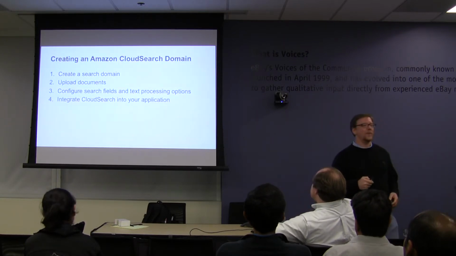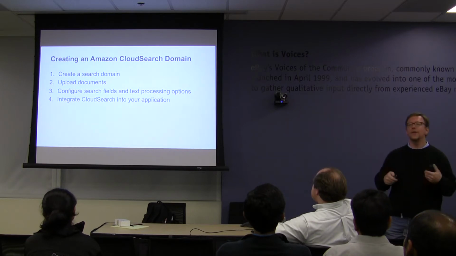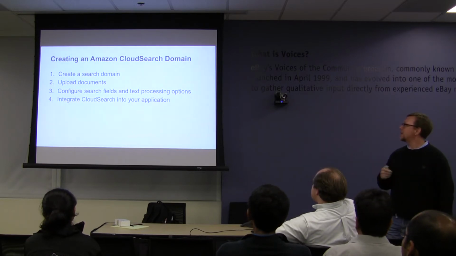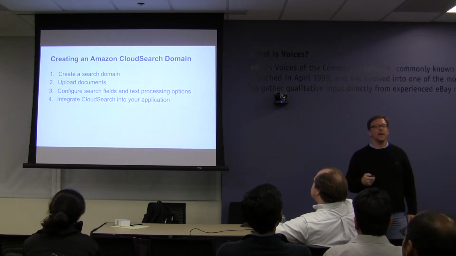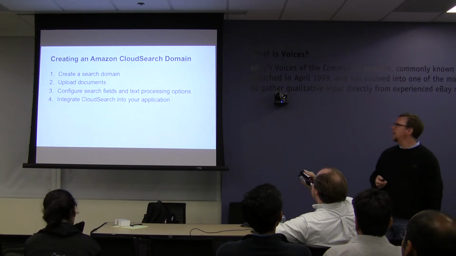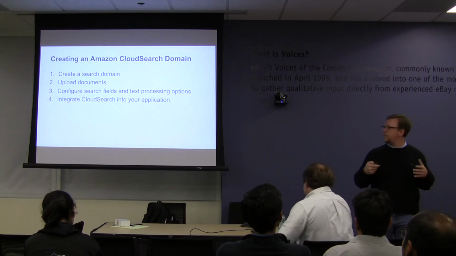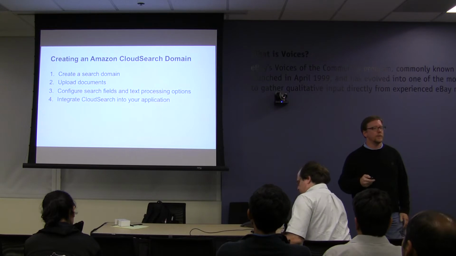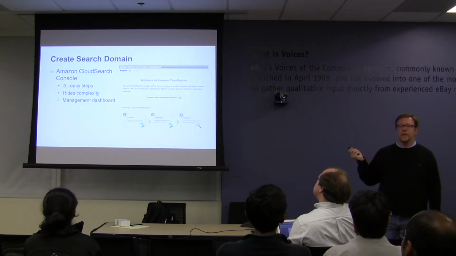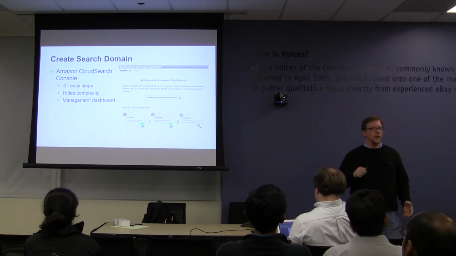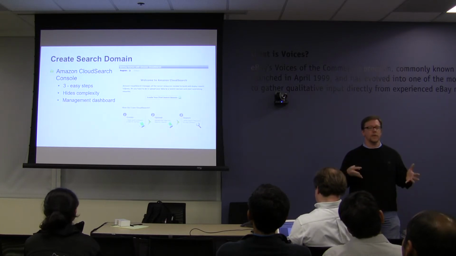So these are the steps that you'll go through to create a search domain. First, you create the domain. You'll upload documents to it. You'll configure your domain for the treatment of those documents, and then you'll integrate it with your search application. With Amazon CloudSearch, we have a console in the Amazon Web Services console.